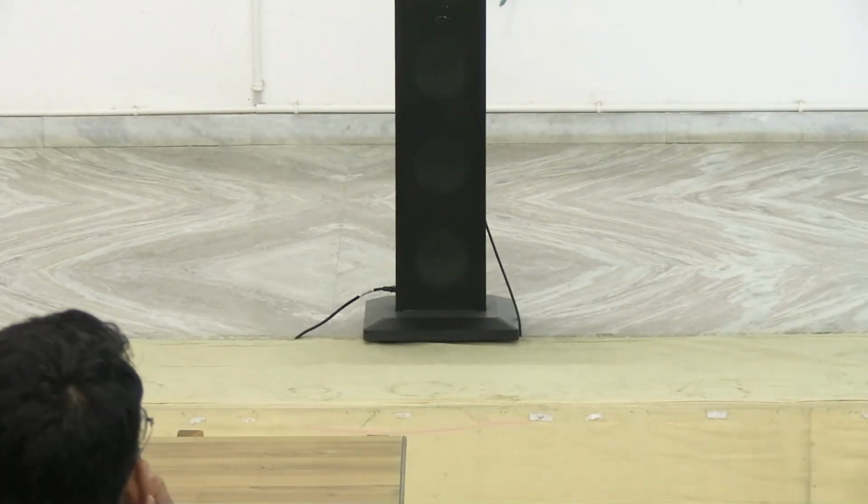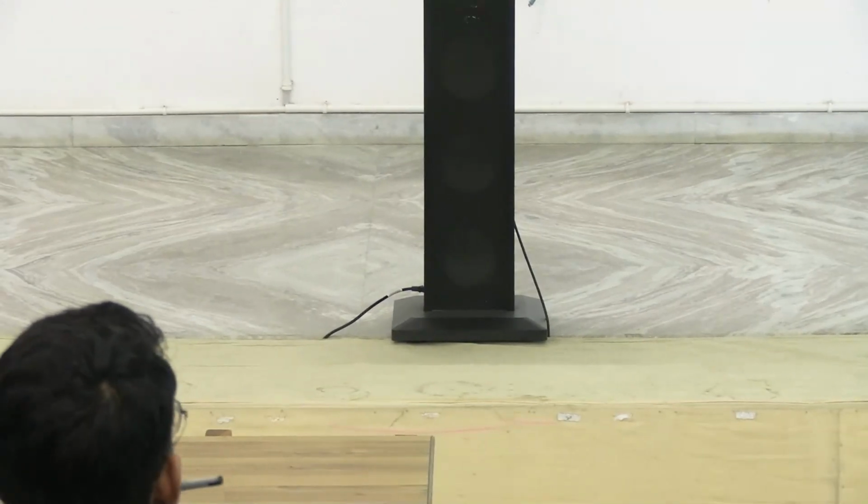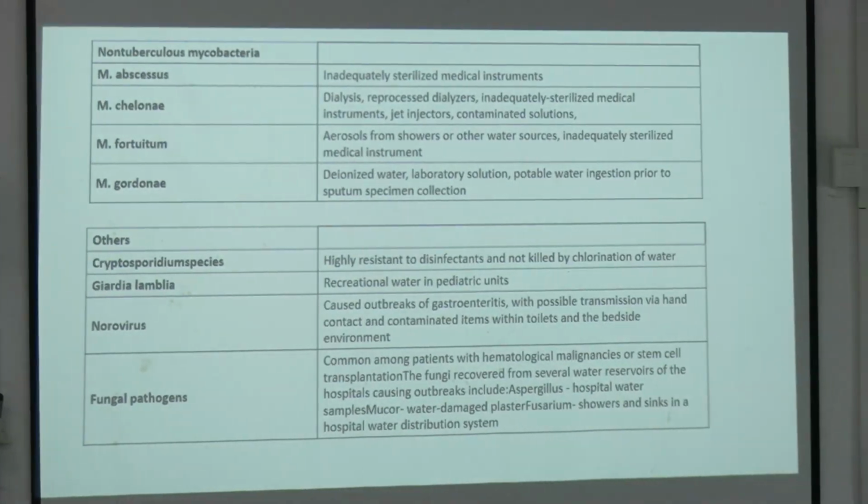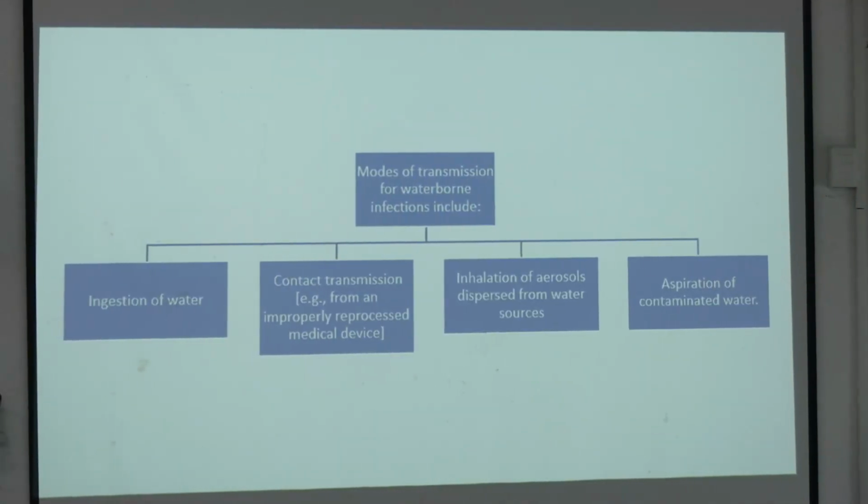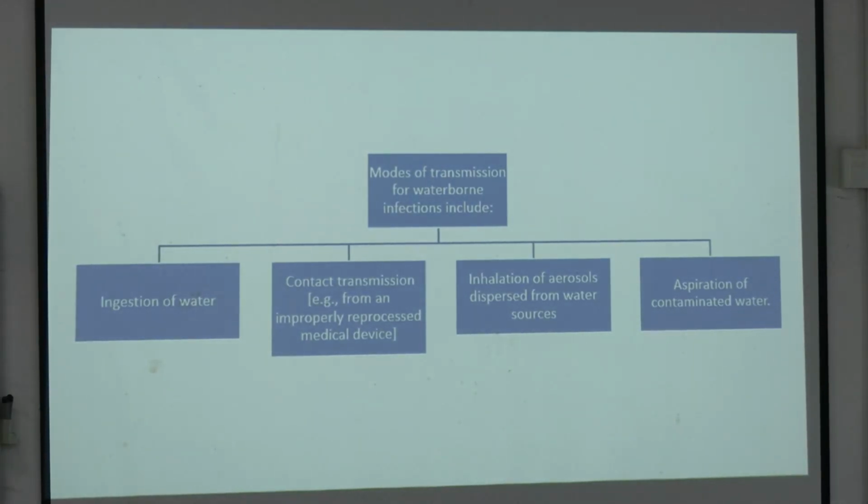And the other things like Cryptosporidium, Giardia can be found, but that is also rare. Yes, so as I was telling, ingestion of water, the patients who have normal diet, they can have the contaminated water from medical devices. Contact transmission can occur.